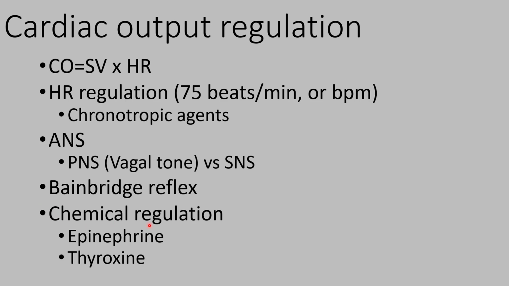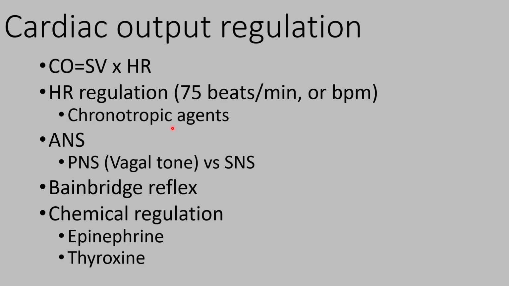Chemical regulation, there are various chemicals that either increase or decrease heart rate. Epinephrine and thyroxine, for example. Thyroxine, again, T4. So both of these, like we just saw, increase the heart's permeability to calcium. Well, in addition to being a positive inotropic agent, calcium is also a positive chronotropic agent.